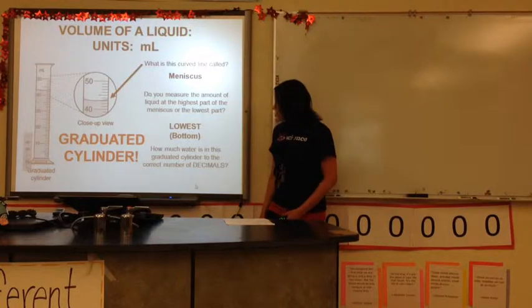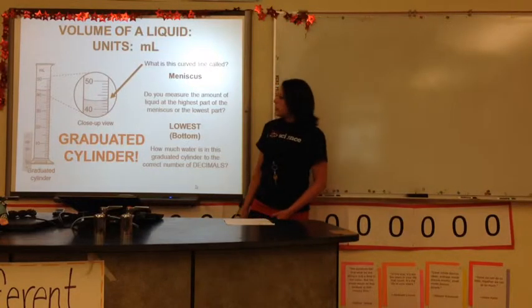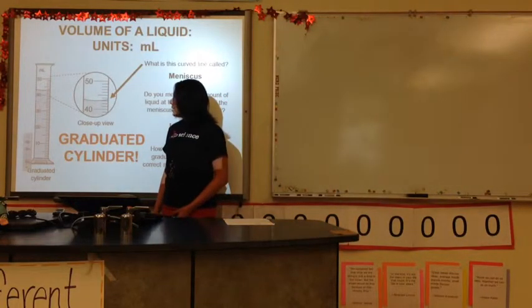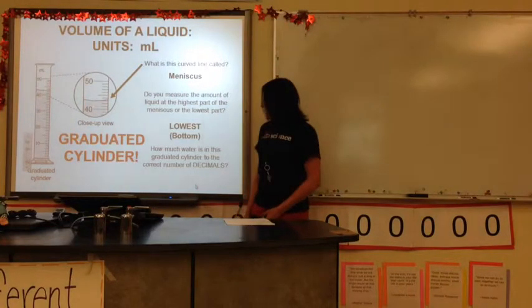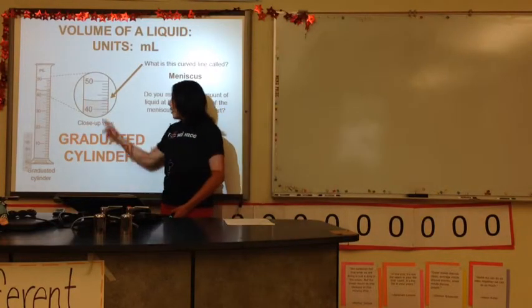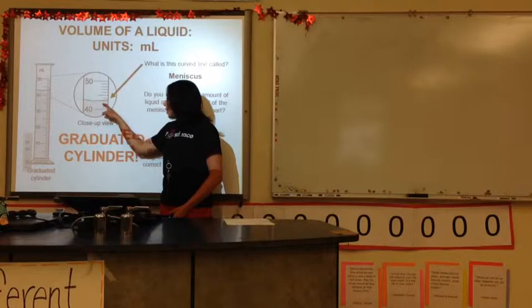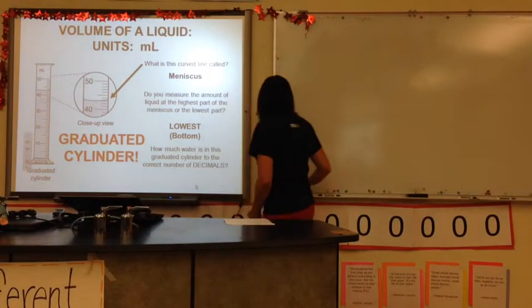Okay, so how much water is in this graduated cylinder that's in the picture here, to the correct number of significant digits, which we're going to learn about right now. So it goes 41, 42, 43, and the top of the meniscus is about halfway between the 43 and the 44, but we're right at the 43.